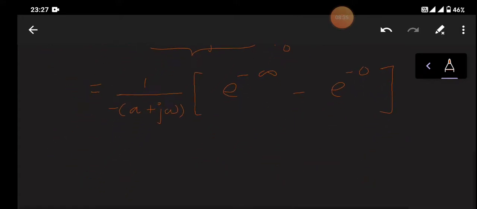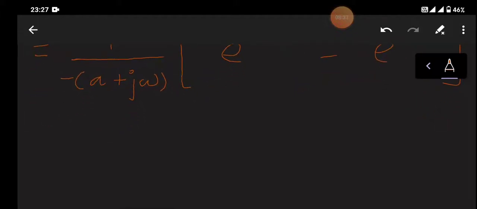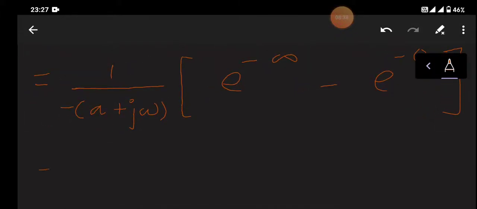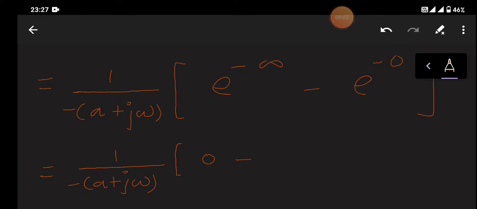So 1 divided by minus (a plus j omega) remains outside, and inside this is equal to 1 divided by e to the power infinity, that is 1 divided by infinity, which equals 0, minus e to the power 0, which means 1.